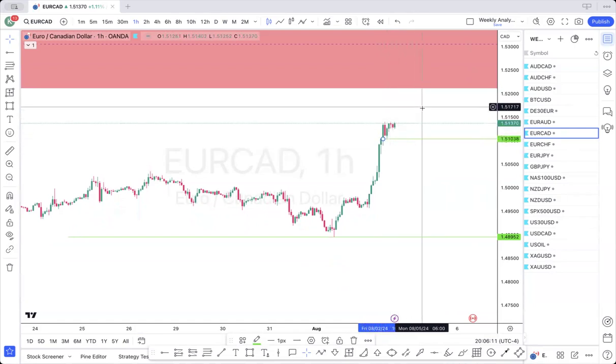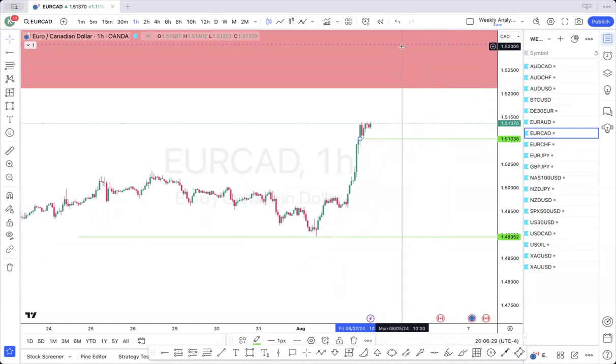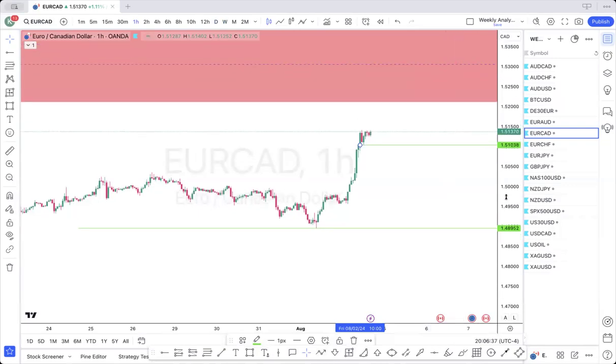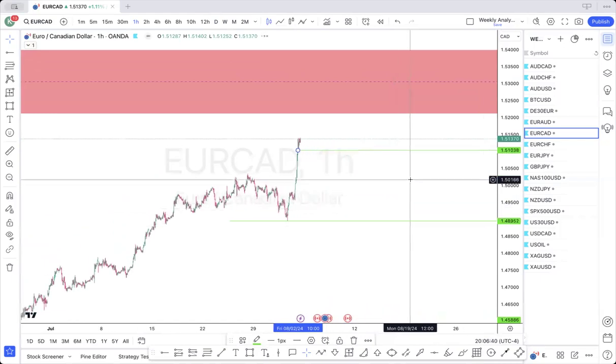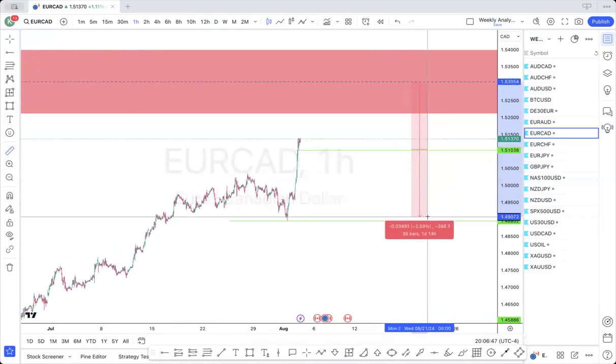Then you wait for a pullback, and then you get another break of a high, and then you can continuously move your swing low up until price comes in here, gives you a change of character, and then you look for an imbalance or an order block to trade it from, to sell it back down to at least these lows.